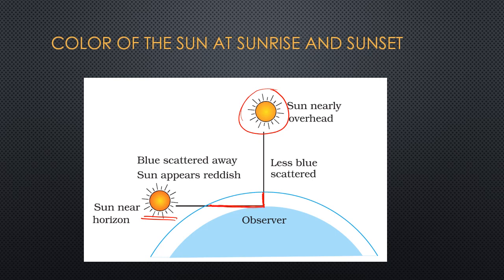Because of this, the scattering of the blue part is very high and only the reddish part remains. So the sun appears reddish because of the scattering of the blue light when it is near the horizon. That's why the sun looks a little reddish in color at sunrise and sunset.